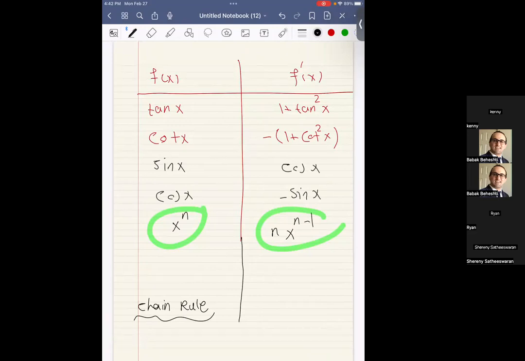So we can go over chapter 3. Let me see, 3.5.